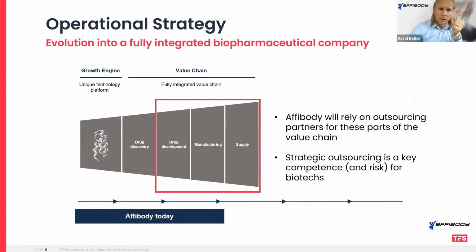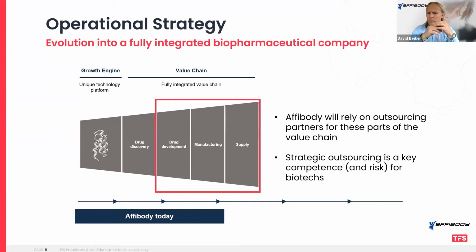So, and this is probably different for different companies and different teams, etc. But to us, the growth engine being the platform and the drug discovery process that's related to that, we do very little outsourcing in that area. That's really where our core competence is.